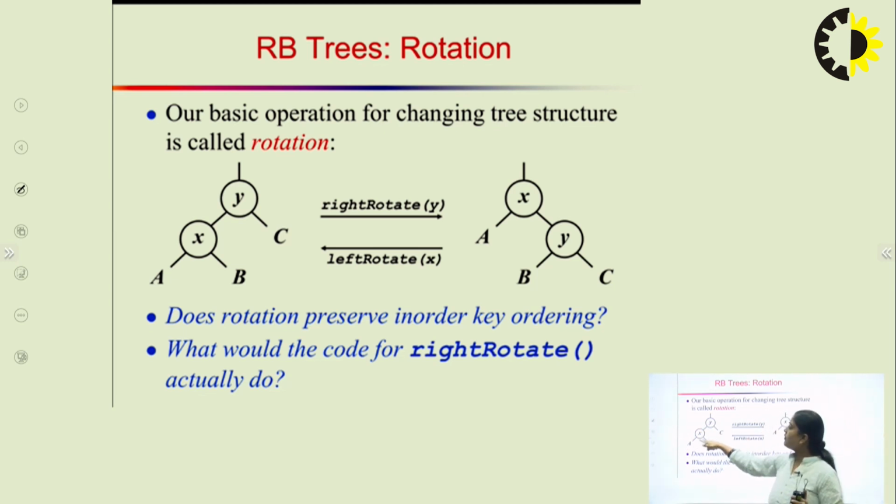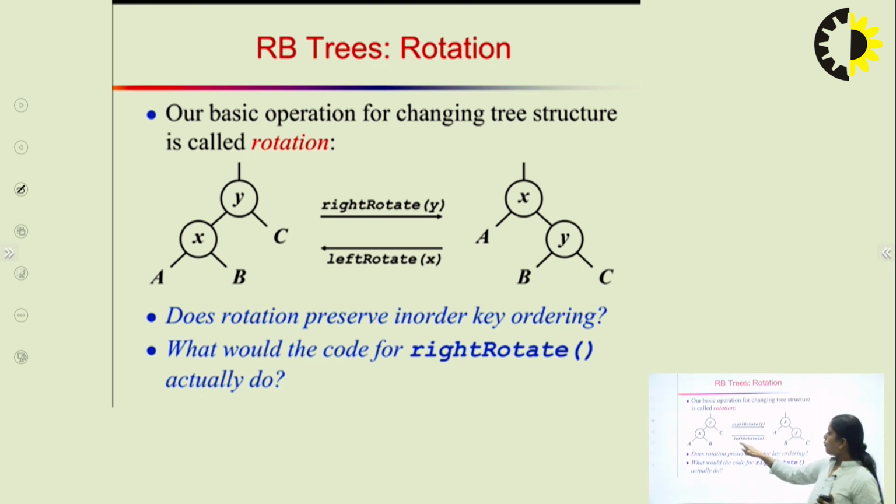A was previously the left child of X and afterwards again the left child of X. What else does not change? C. When we rotate Y to the right, C, which was previously a right child, is again the right child. No change in A and C after the rotation.